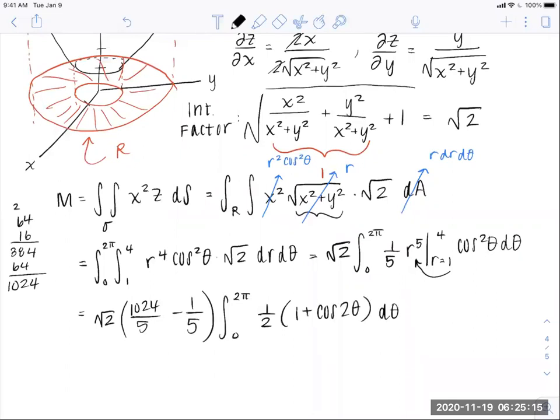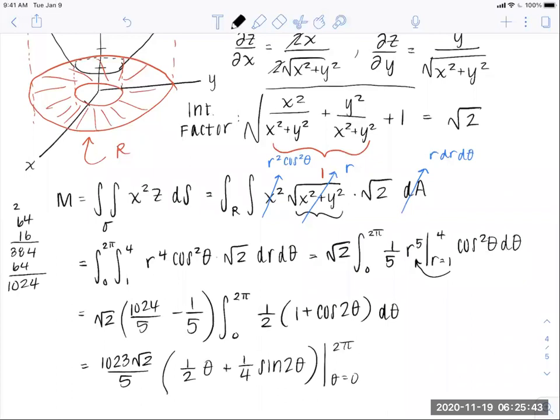All right, and now I can continue on here with my integration. So I have 1023 root 2 over 5. And then when I integrate, I get a 1/2 theta plus a 1/4 sine 2 theta, where theta is ranging from 0 to 2 pi.